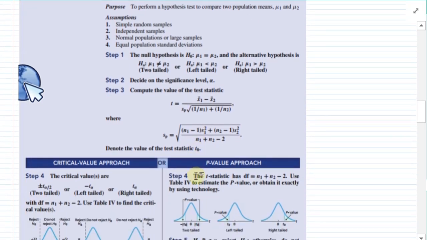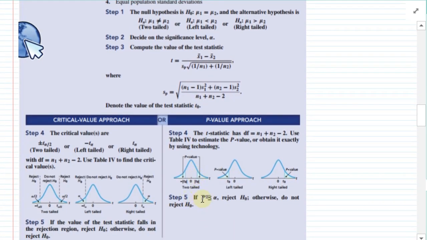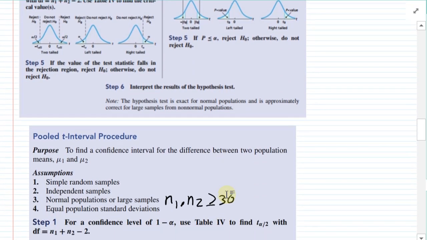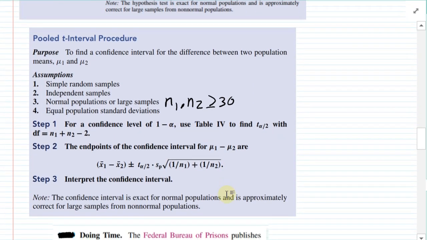And using the p-value approach again, if p-value is less than or equal to alpha, we reject the null hypothesis. Okay. And for our confidence interval, we have similar kinds of formulas here. So this is the formula that I had earlier. Same set of assumptions. All your assumptions for hypothesis tests and confidence intervals for the same parameters are the same.